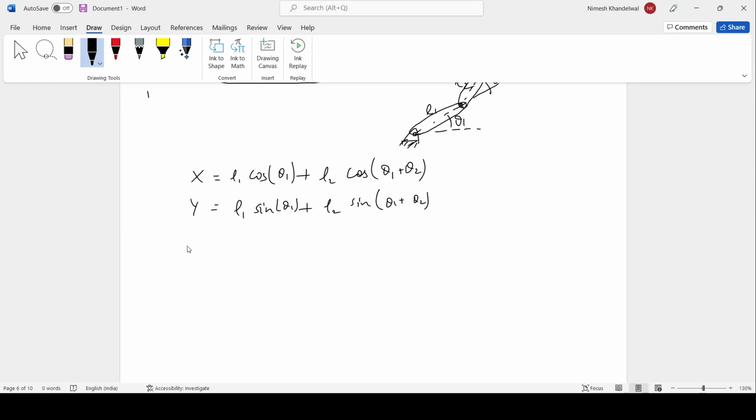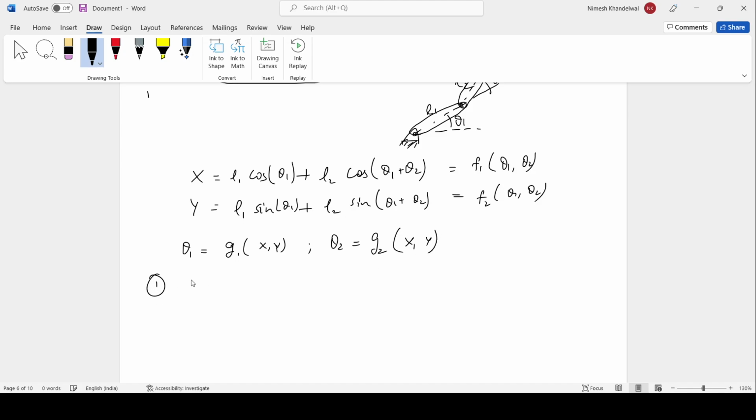Now what we want is theta 1 as some function of x comma y. Right now it is x as some function of theta 1 and theta 2, and y as some function of theta 1 and theta 2. And now we just want to get the inverse functions.